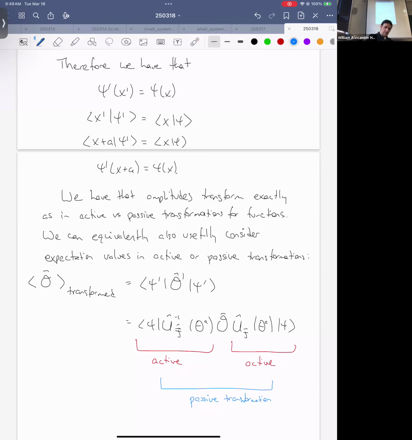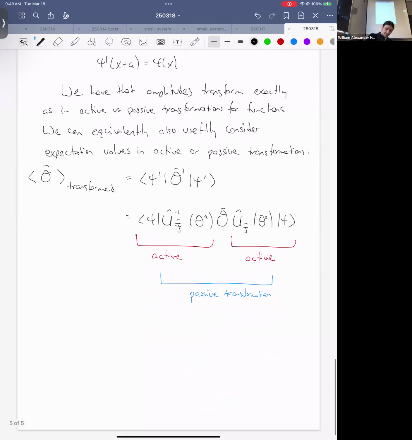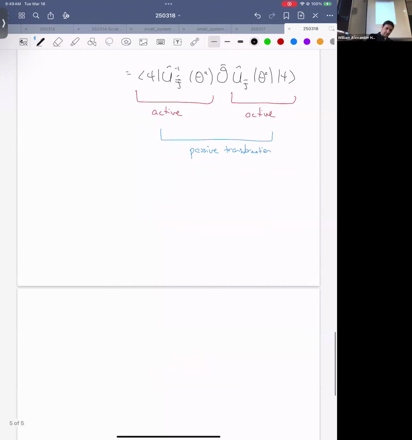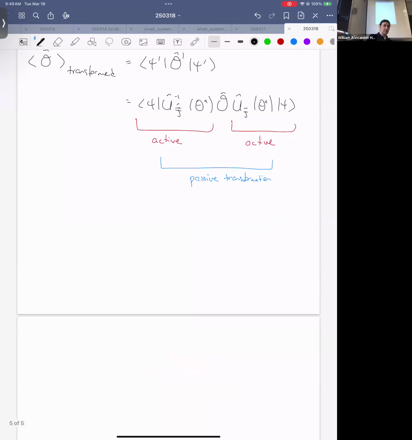Okay, great. So modulo my fumbling of the passive transformation there, let's apply this to time evolution.